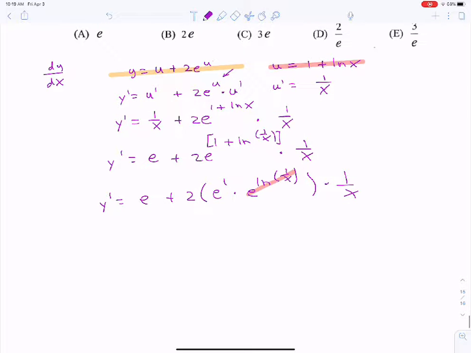So let's do that. Y prime equals e plus 2e times 1 over x times 1 over x. Getting close here. Y prime equals e plus, let's see, 2e over x squared.